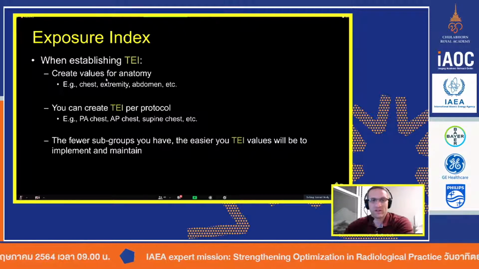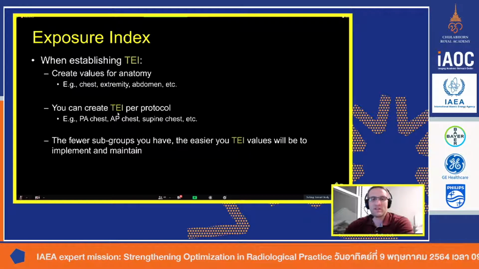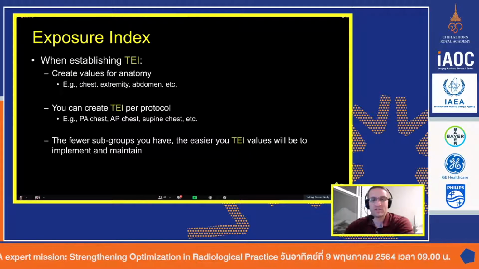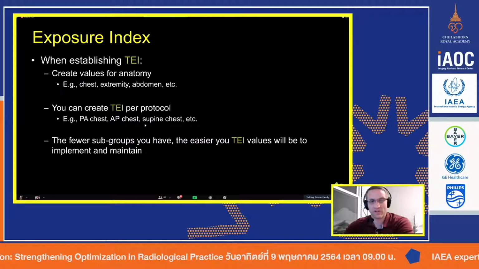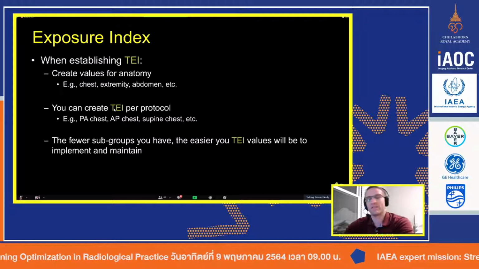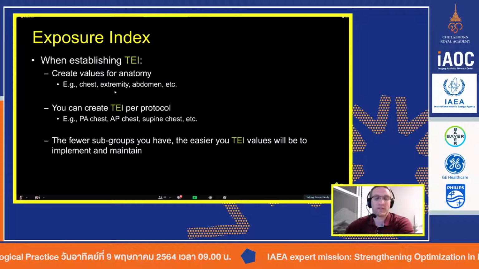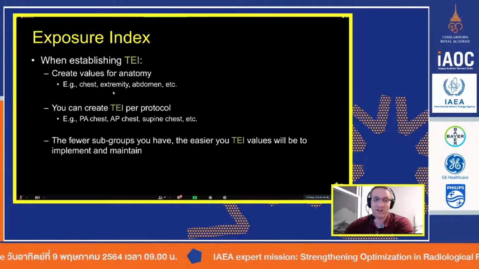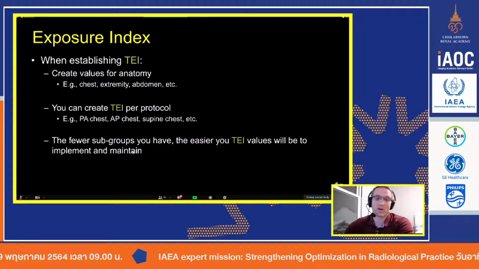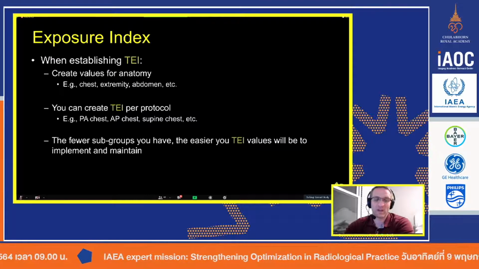You can find a target EI value for chest, but if you have a TEI for AP chest, for PA chest, for lateral chest, for supine chest, for decubitus, prone, you can if you want, but that's a lot of target values, and it gets to be more cumbersome to maintain all of those values.